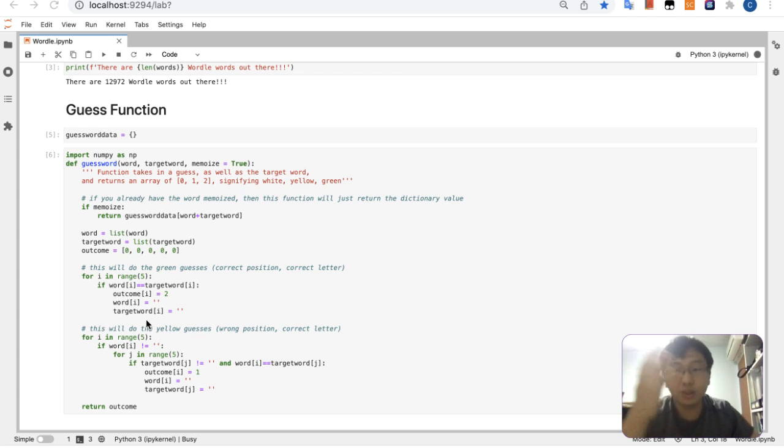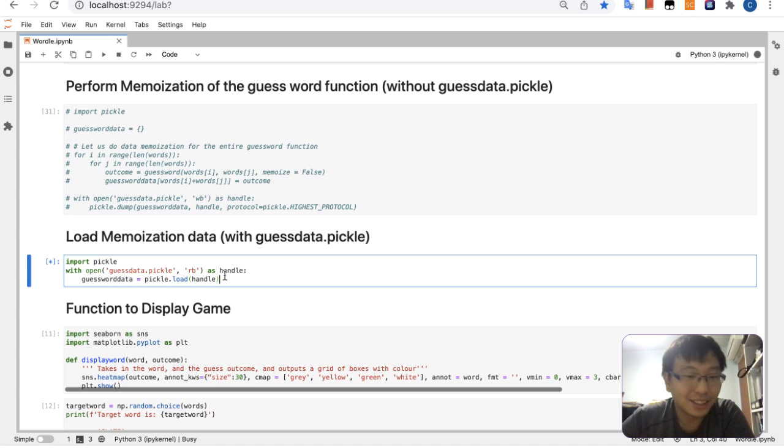If you limit the words to the 2000 possible answers in the curated list, then I don't think you need this, and your lookup table will be more manageable, like 2000 times 2000. But my lookup table is huge.